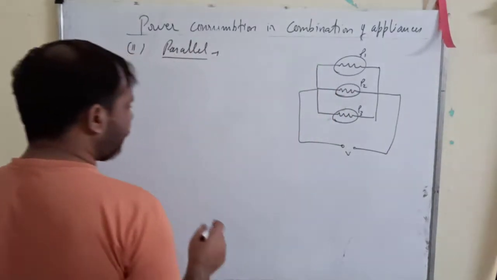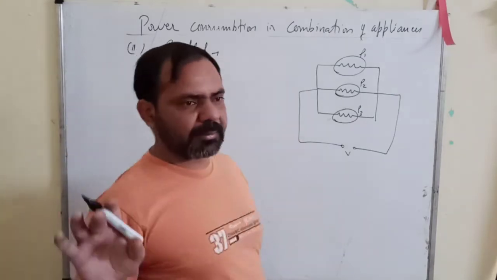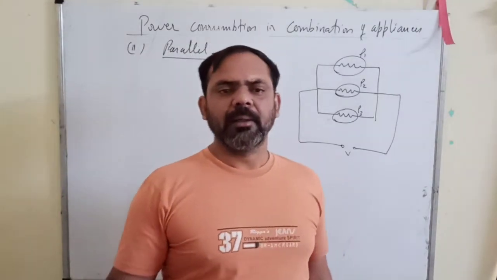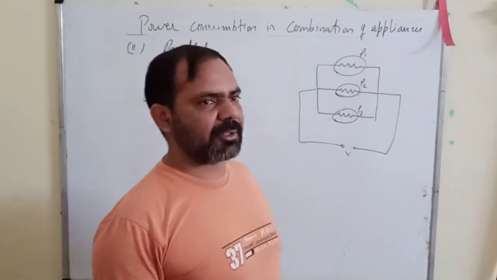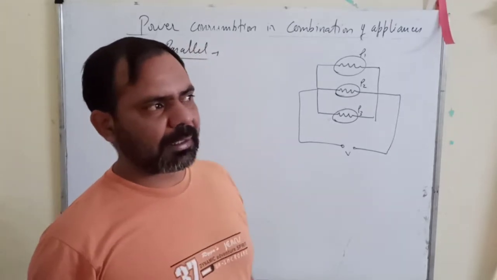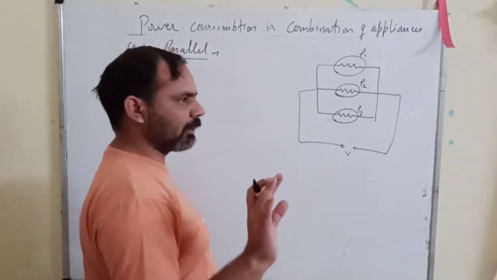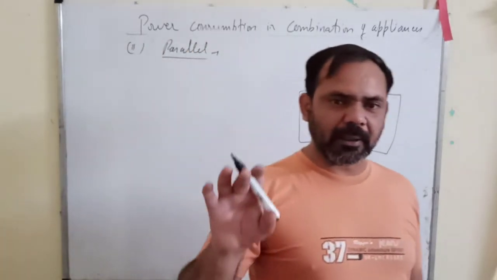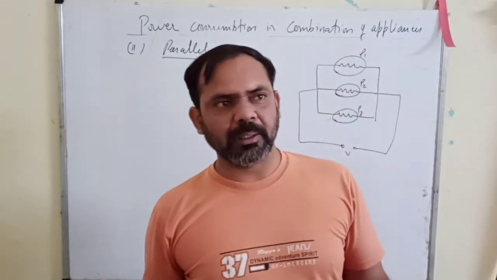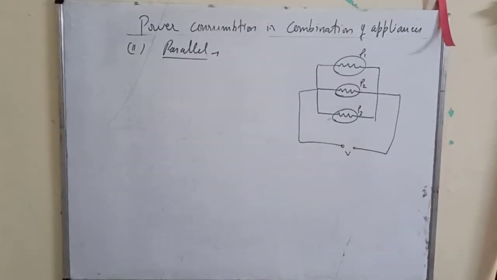Again, we have three appliances, and we will take this special case directly. Actually, we should have taken that special case directly in the previous section also, that all the appliances have the same voltage rating, the same voltage marking, and that is V volt. All the appliances are made in such a way that they are supposed to work at the same voltage value.